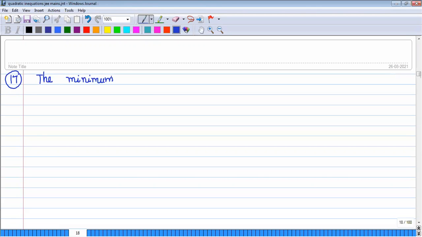The minimum value of x square minus 8x plus 17, x belongs to R. So the minimum value of this function we need to find out.